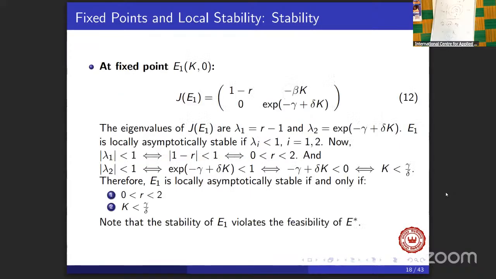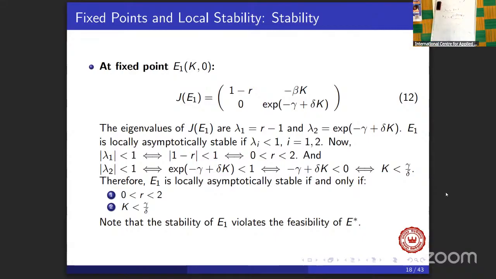And then we find the eigenvalues of J(E1). Where is the value obtained? See, we get lambda 1 equal to r minus 1 and lambda 2 as e to the power minus gamma plus delta K.